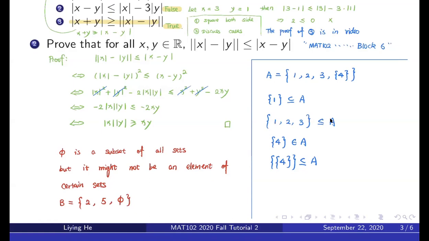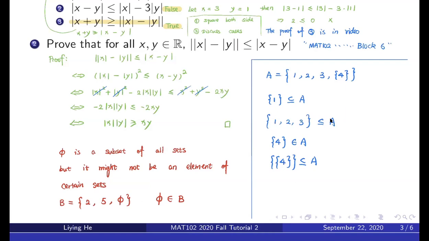In this case, the empty set is an element of B. But if my B doesn't have this part, let's say I delete this part, then the empty set is not an element of B. For example, our A here doesn't have the empty set as an element. Does that make sense? It makes sense.